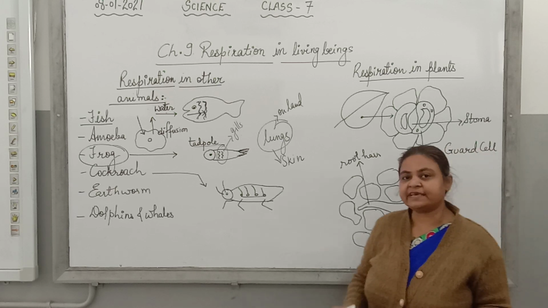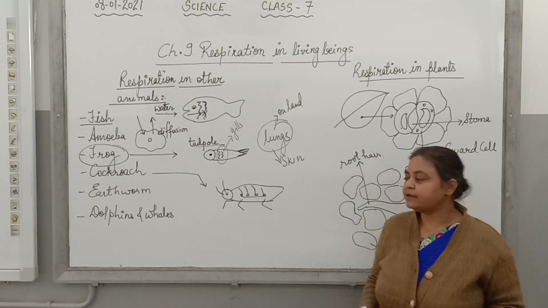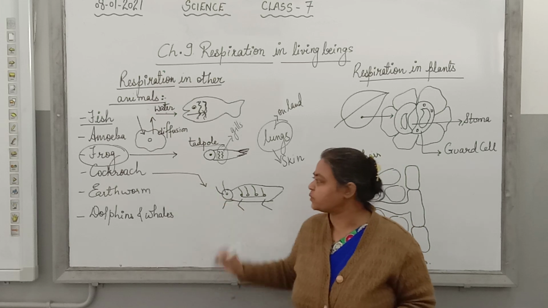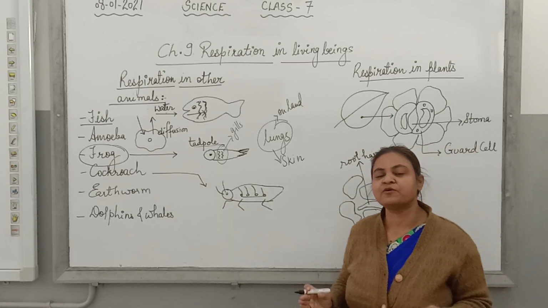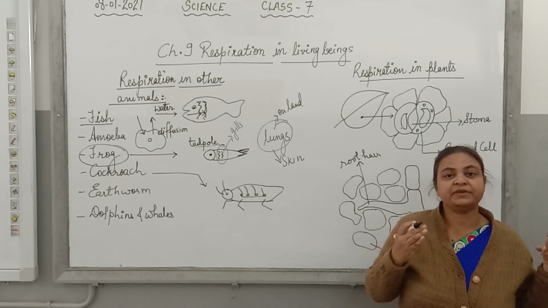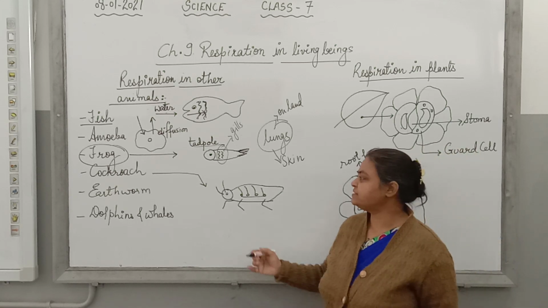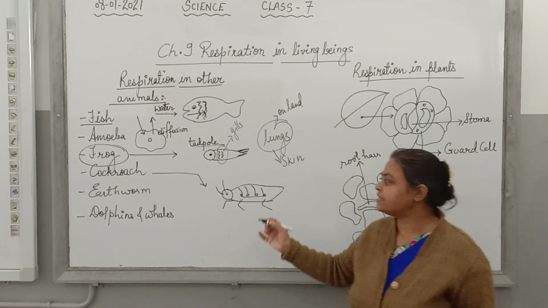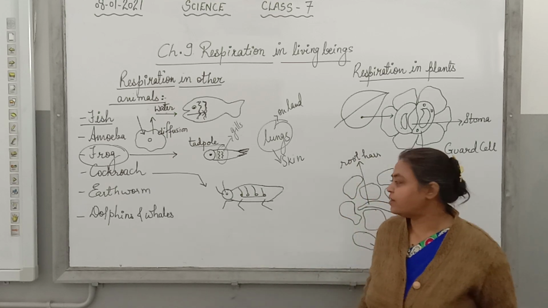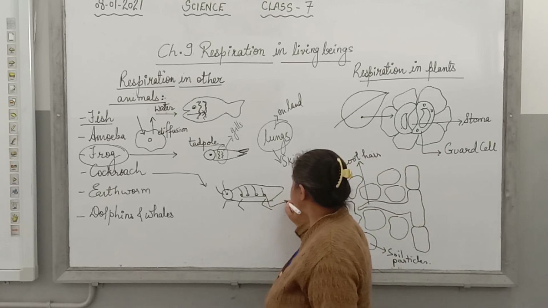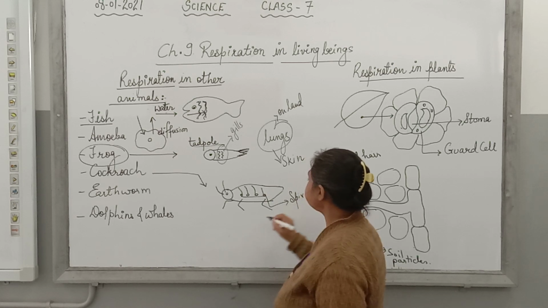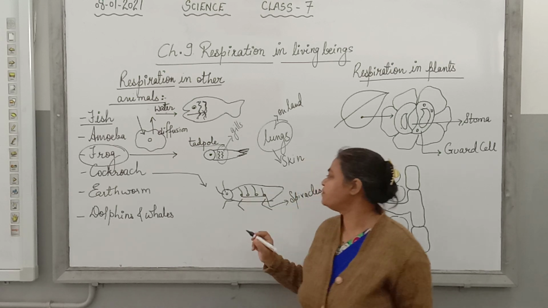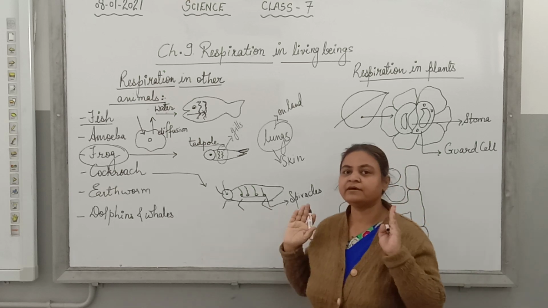Now in case of insects, we have taken an example of cockroach. Can be any other insect also, mosquito, grasshopper, housefly, it can be honeybee, all these are insects. For insects, the breathing organ is spiracles. These are tiny hole-like structures present on either side of the body.